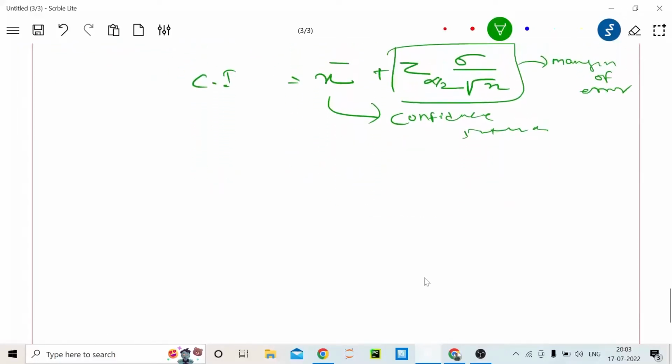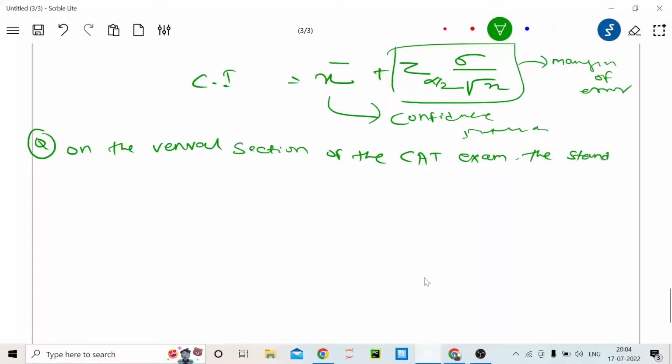Let's say I am writing a question here. There is a question on the verbal section of the CAT exam. The CAT exam is for MBA. On the verbal section of the CAT exam, the standard deviation is known to be, let's say, 100.